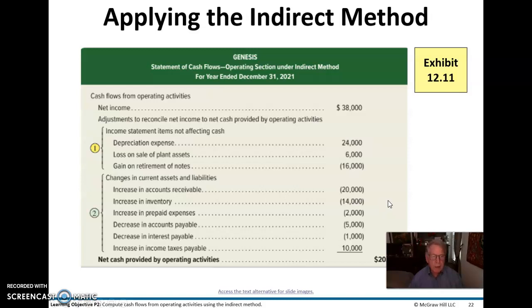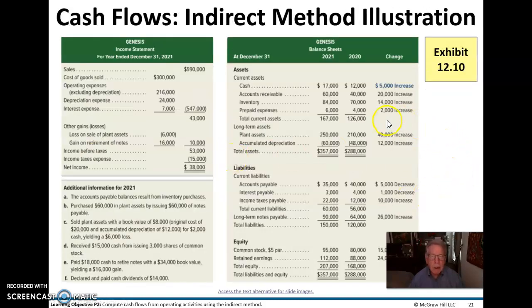Now, if I look back at the current liabilities, here they are. We had accounts payable, which decreased by 5,000. Interest payable decreased by 1,000, but our income taxes went up. You can see the numbers and how that was calculated. So it's just the opposite. If increases in current assets make cash go down, a decrease in current liabilities makes the cash go down as well.